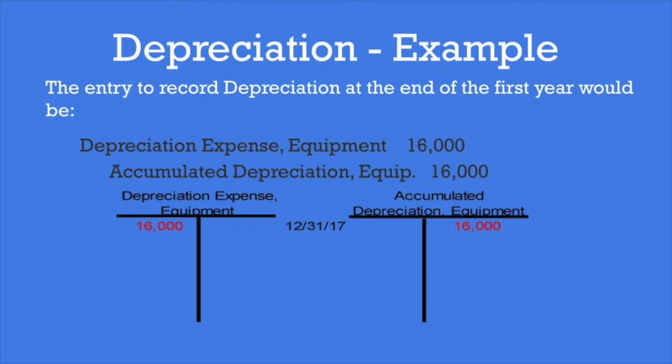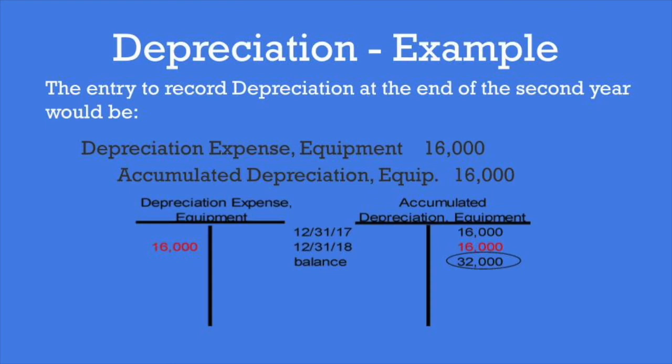So the entry to record depreciation at the end of the year would simply be depreciation expense and accumulated depreciation for $16,000. As we move into the next year, we do an almost identical calculation. The entry to record depreciation at the end of the second year would be depreciation expense 16, accumulated depreciation 16. And you can see in the T accounts here that depreciation has increased from 16 to 32 because of 2 years worth of depreciation.